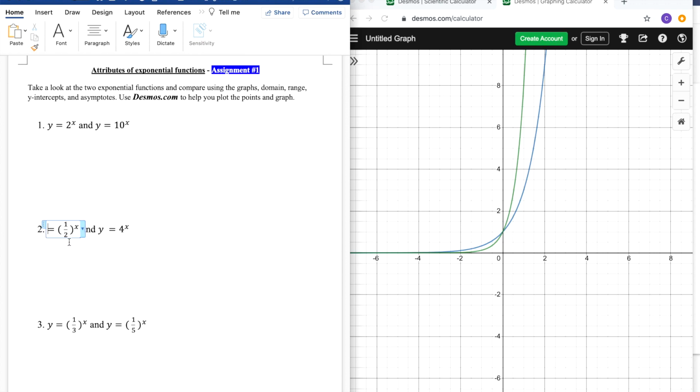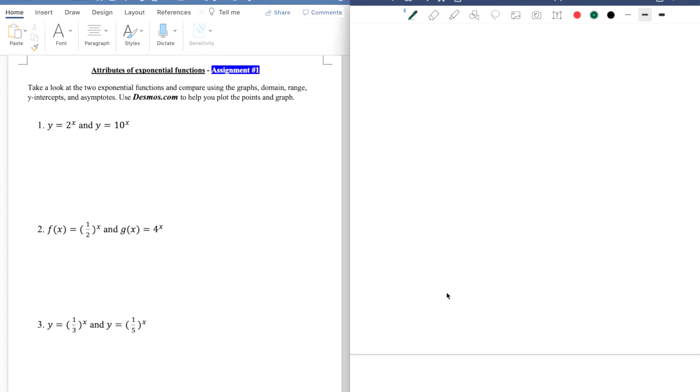So I'm going to change it to f of x and g of x. Remember, function notations like f of x, g of x, k of x, m of x are all different ways to name functions, so it's easier for you to refer back and forth from one to the other. So what I'm going to do first is create a table.